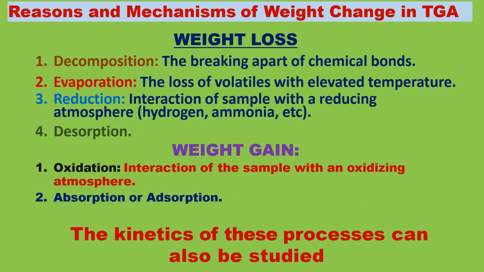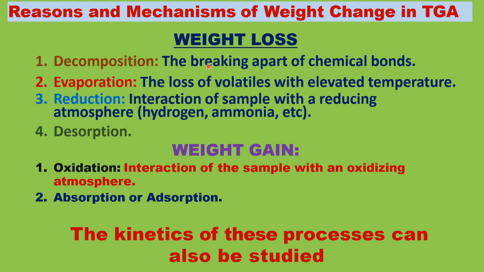What are the reasons for weight change during heating of the sample? What are the mechanisms? There are 2 cases: weight loss or weight gain. Weight loss is mainly due to these processes.